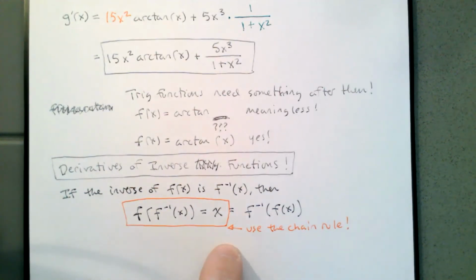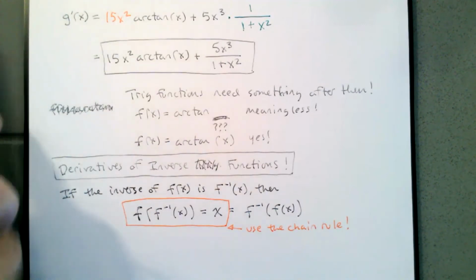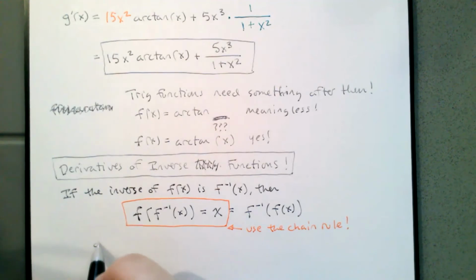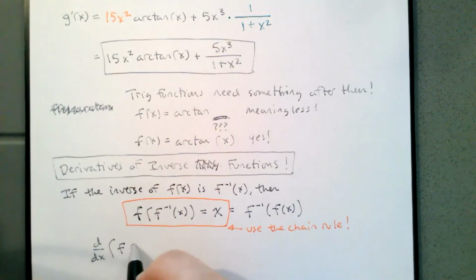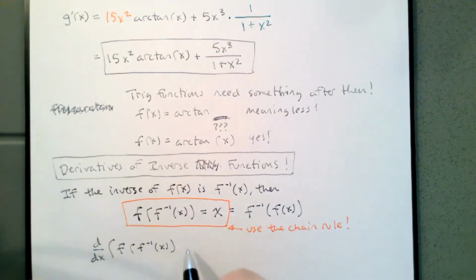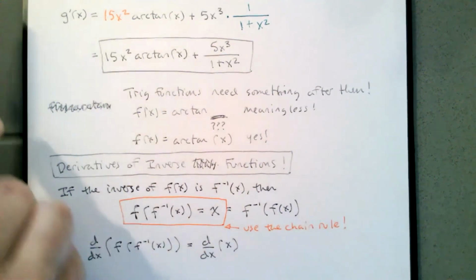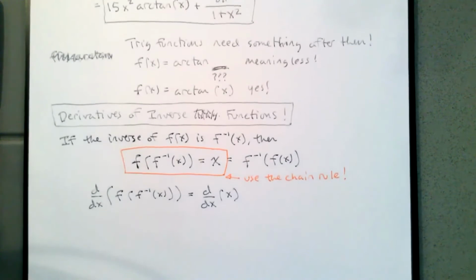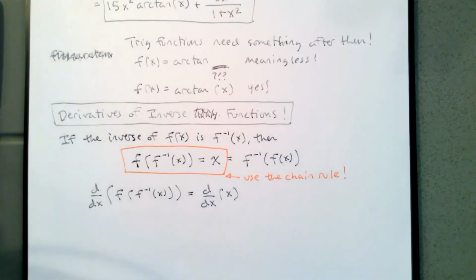Then I'll find the derivative on the other side. The derivative of x is going to be equal to 1, because I'm just taking the derivative of both sides. If two things are equal, then their derivatives must be equal as well.